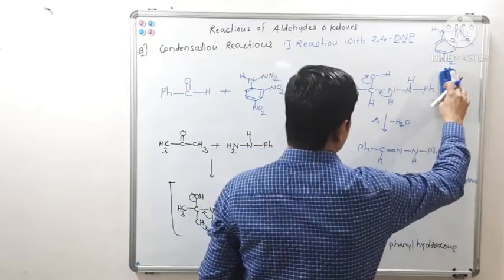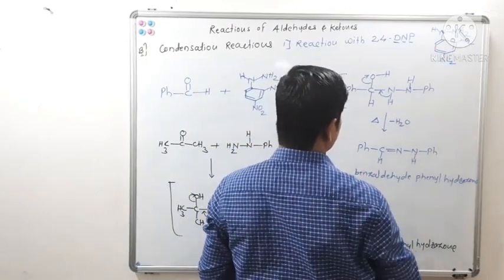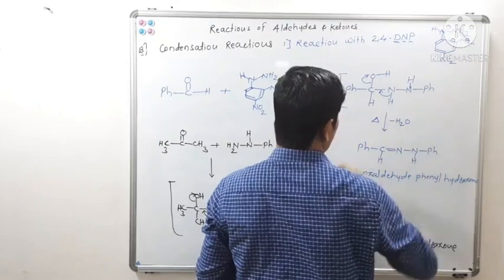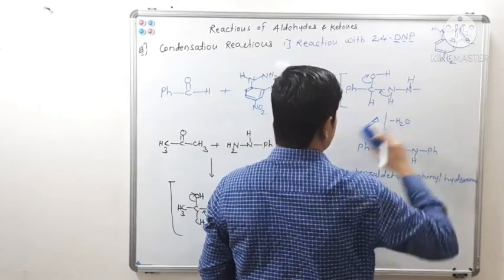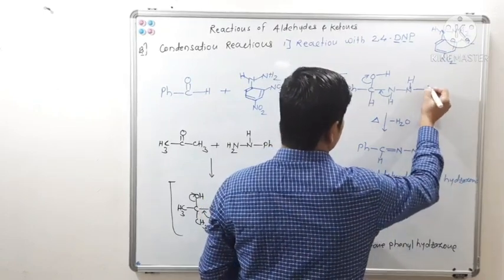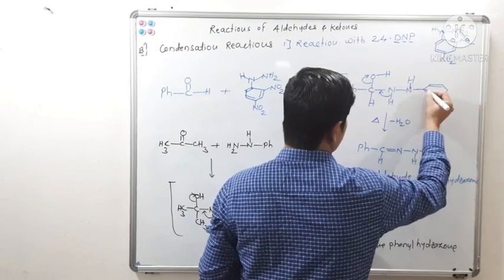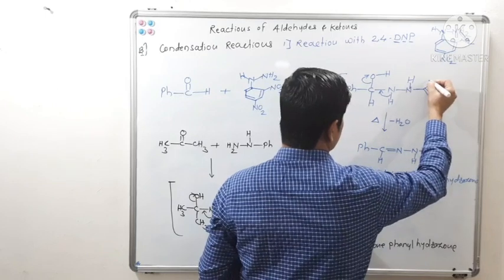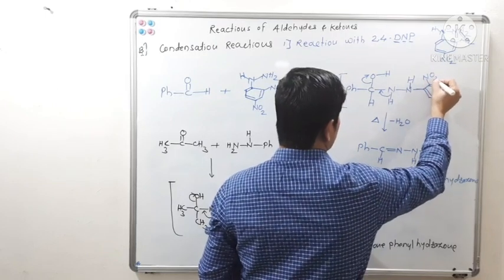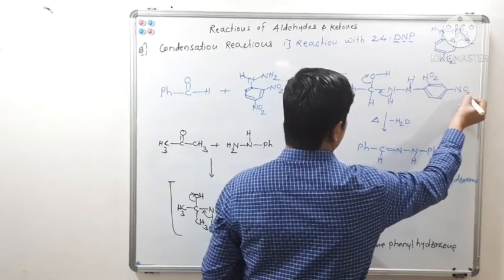Same adduct you will get. Here there will be just a phenyl ring, and this phenyl ring has nitro groups at the second and fourth positions.